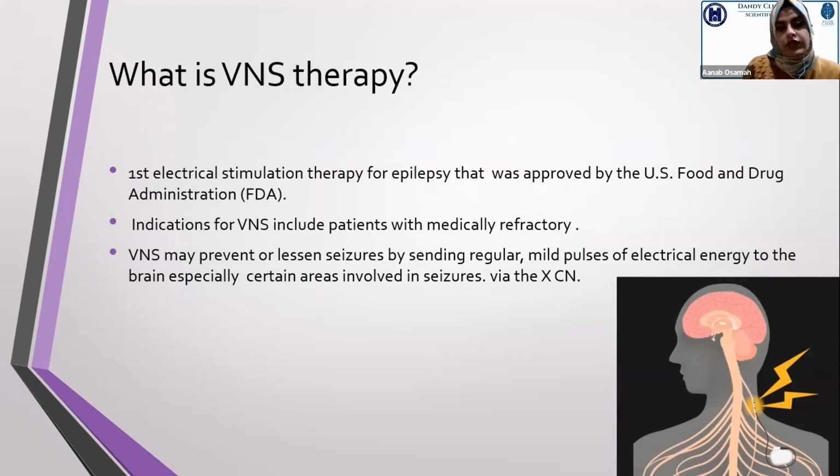Here we need a choice for this patient: use vagus nerve stimulation to reduce the seizures. We deliver regular pulses of electrical energy by activating the vagus nerve.